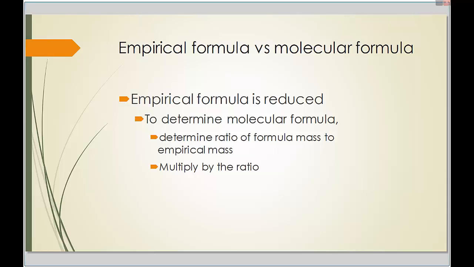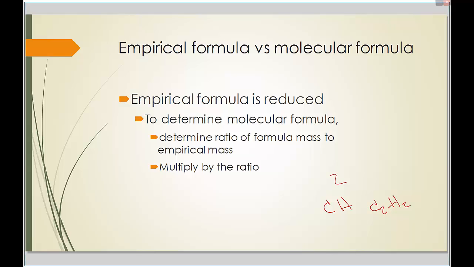What you need to do, however, is determine the ratio between the empirical and molecular formula. It's going to be a whole number ratio. And then whatever number that comes out to be, you're going to multiply that formula. So if it comes out to be 2, and you originally had CH, that'd be C2H2. You just multiply it out by that ratio.